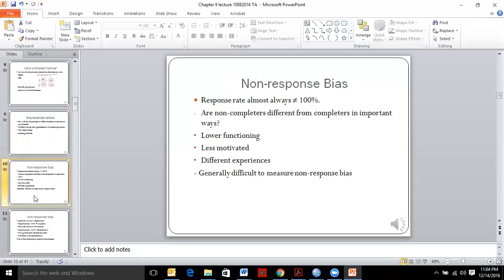Non-response bias. Even in the best studies, response rate almost always is not 100%. Meaning if you send 1,000 questionnaires or surveys, it's almost impossible to receive responses from all 1,000 people you sent the survey to.